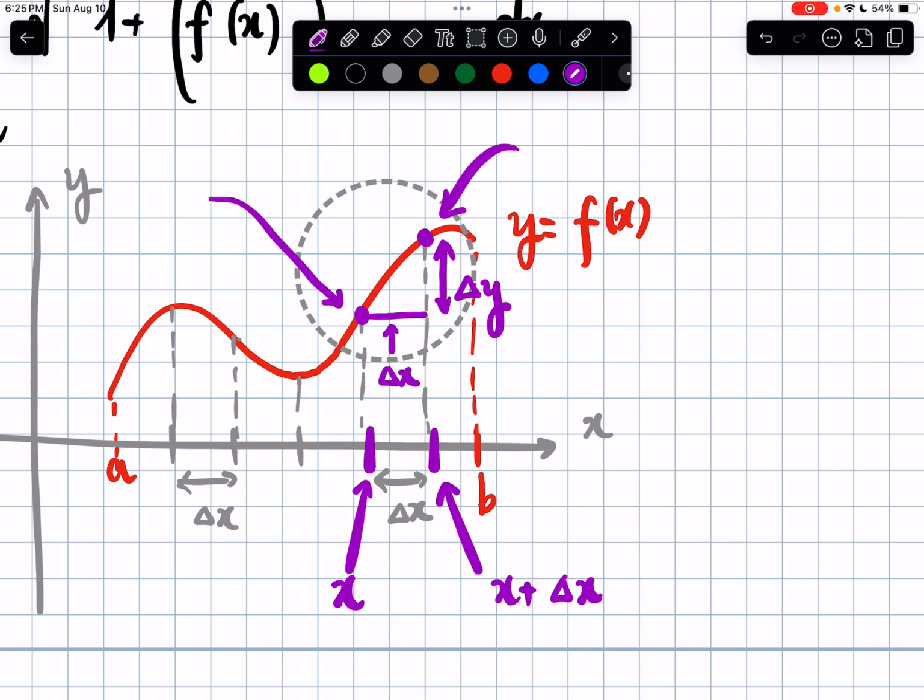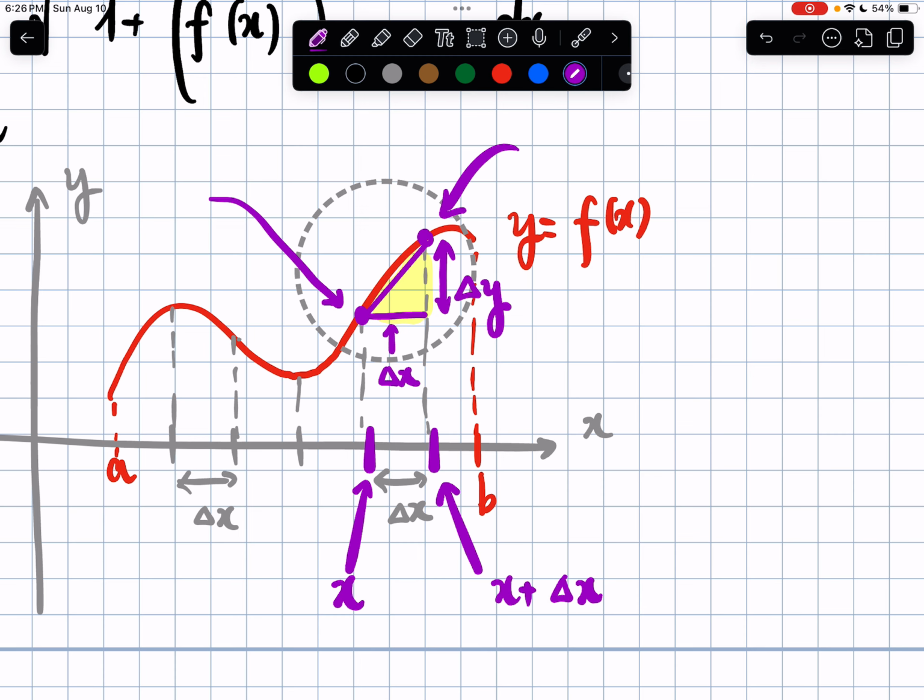We can approximate the length of the arc y equal to f of x, where x is between x and x plus delta x, by the length of the hypotenuse. So here we have a right triangle.